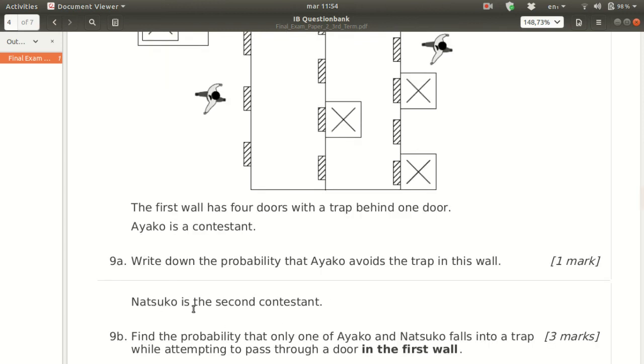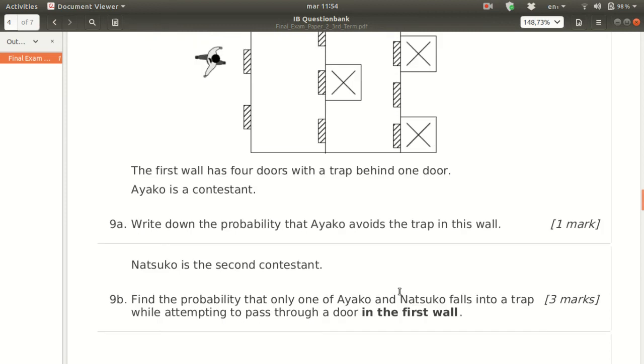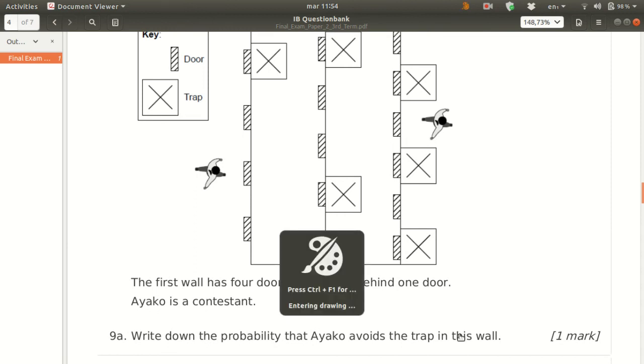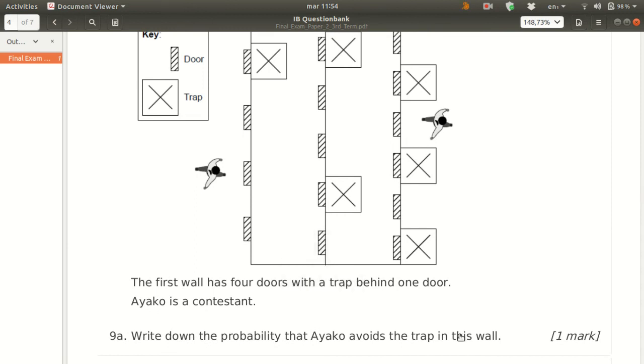Natsuko is the second contestant. Find the probability that only one of Ayako and Natsuko falls into a trap while attempting to pass through a door in the first wall. There's 2 possibilities. Either Ayako passes and Natsuko doesn't, or Ayako doesn't pass and Natsuko does.